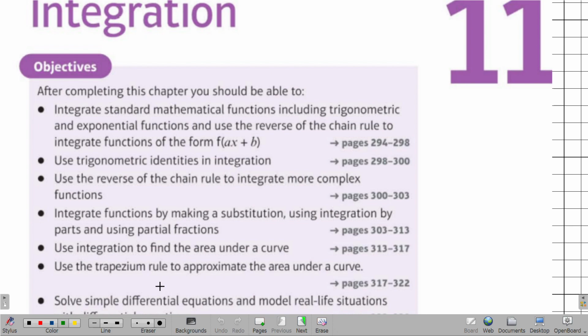For those that have missed my lecture on introduction to integration, I'm going to go through the initial stages of what integration is. For now, we've done differentiation, so we understand it very well. Integration is just the reverse process of differentiating.